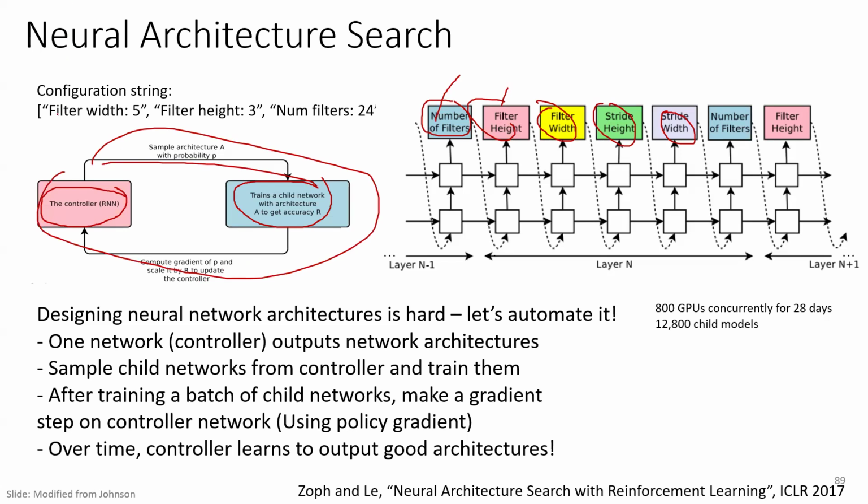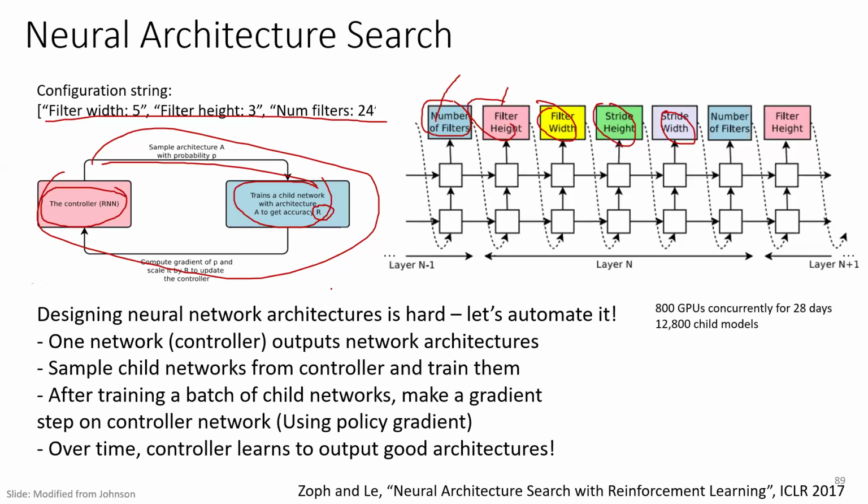So that's why it's called neural architecture search. Maybe you had a configuration string like filter width 5, filter height 3, number of filters 24. Through this architecture, by finding the accuracy and correcting the controller's behavior, they were able to find good architectures that are extremely accurate.